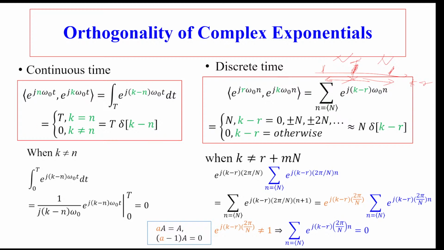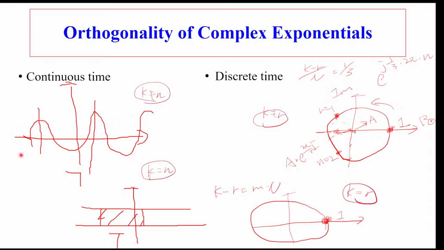Anyway, this is the continuous case and the discrete case, and we have a high level argument in a picture here. In the continuous case, the integration over this oscillation in one period or two periods is 0, and in the discrete case we are saying that the sum over those equally spaced points on a circle is 0.